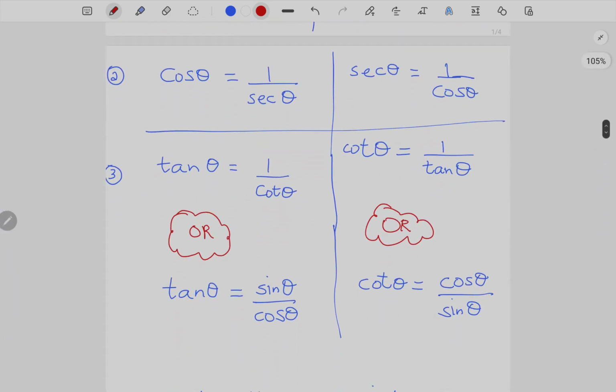Lastly, tan theta can be written as 1 over cot theta, or cot theta can be written as 1 over tan theta. Or sometimes, if we want to rewrite tan theta in terms of sine and cos, tan theta is equal to sine over cos, and cot theta is the same as cos theta over sine theta.